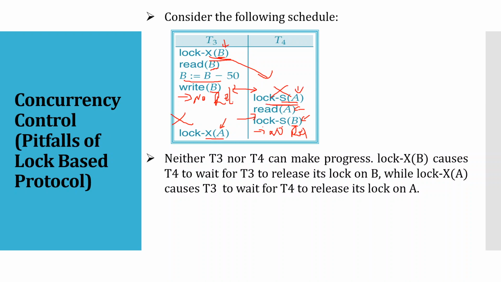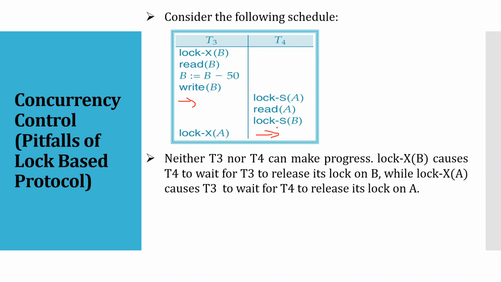This lock will also block this particular transaction because it has not released its locks. So both depend on each other for their locks to be released. Here there is no release and here also there is no release, so none of the transactions will be allowed to perform.